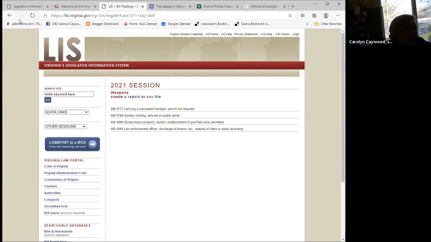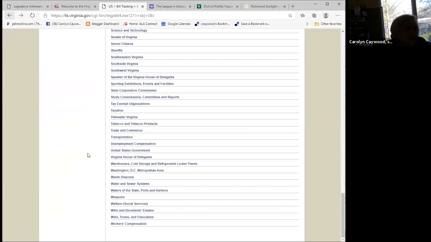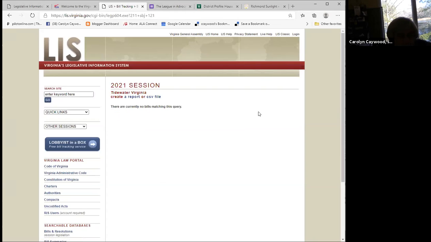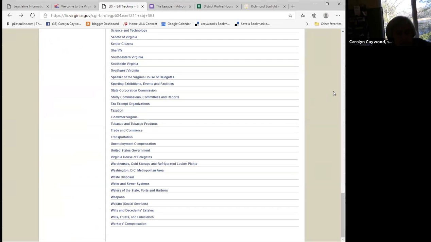And the subject list is static, so the fact that a heading is here doesn't mean you'll find a bill under it. They just use the same headers every time.